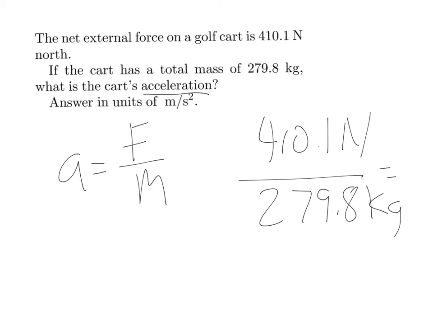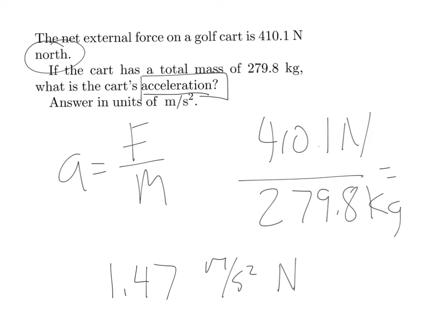Make sure you add in that it's to the north because acceleration is a vector. So whatever it'll be meters per second squared to the north. And if you give me a second, I'll go ahead and do the math. So we get 1.47 meters per second squared to the north.